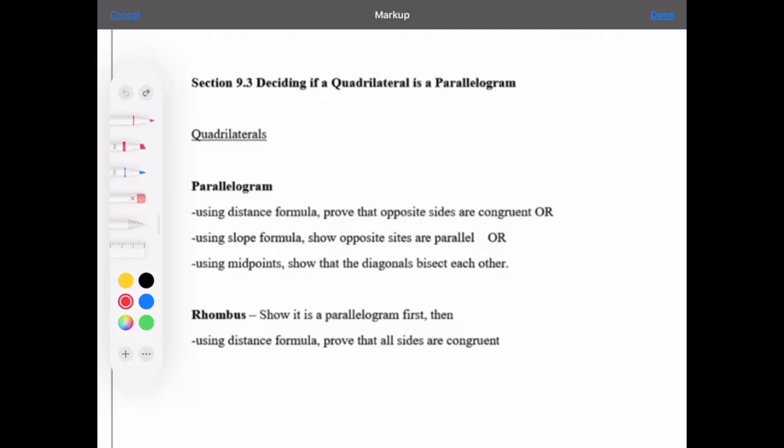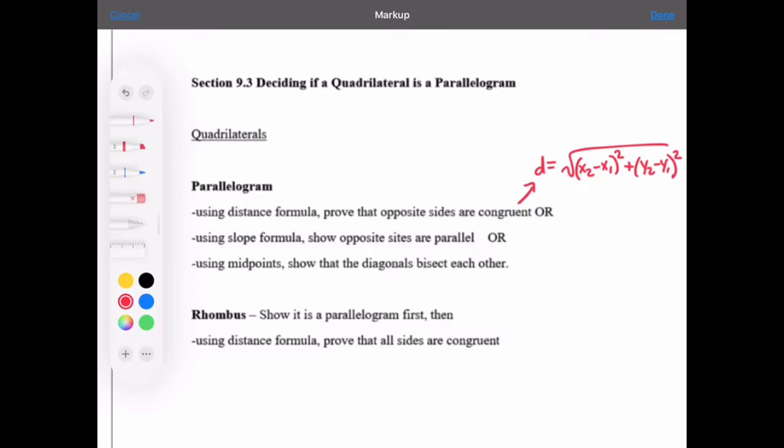To prove it's a parallelogram, there are a couple things you could do. The first thing you could do is use the distance formula to prove that opposite sides are congruent. So if you don't remember, the distance formula is d equals the square root of x2 minus x1 squared plus y2 minus y1 squared. Okay?